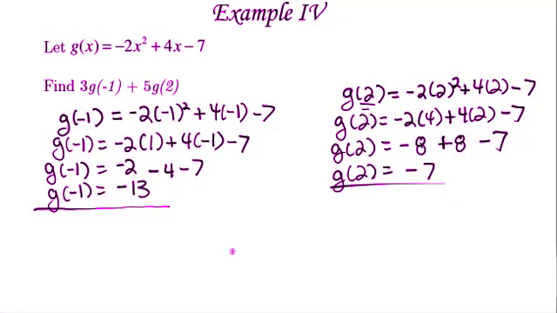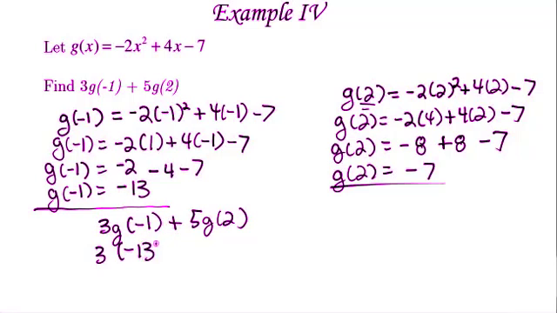Okay, I'm getting to the end. So I have g of negative 1 and I have g of 2. So I'm going to go back to this expression that I'm being asked to find, and it's 3g of negative 1 plus 5g of 2. Now I can substitute in for g of negative 1 negative 13.